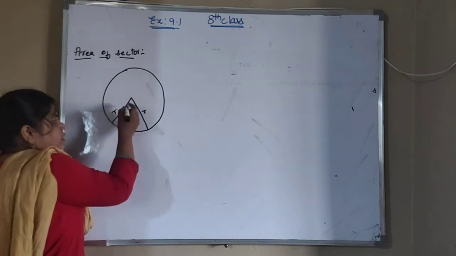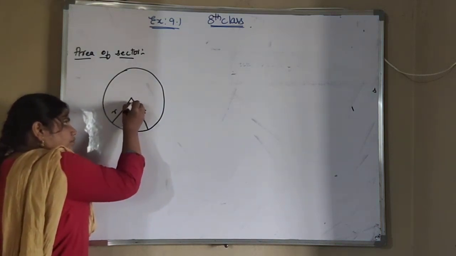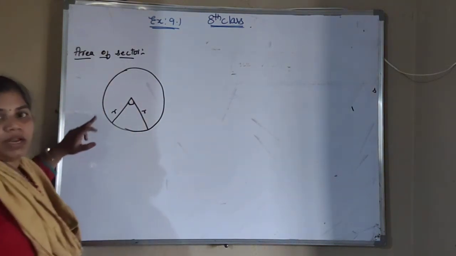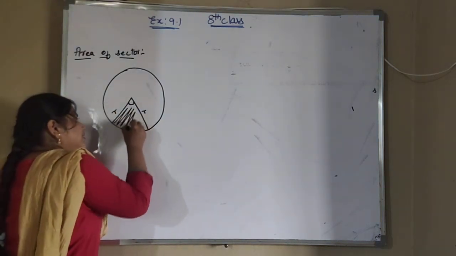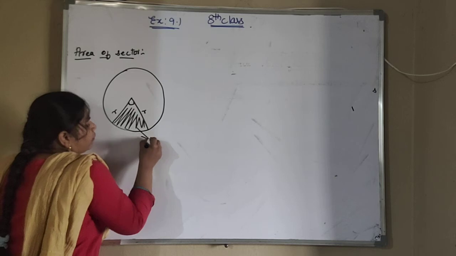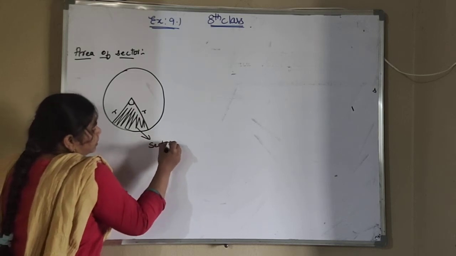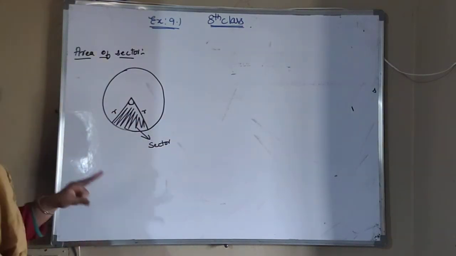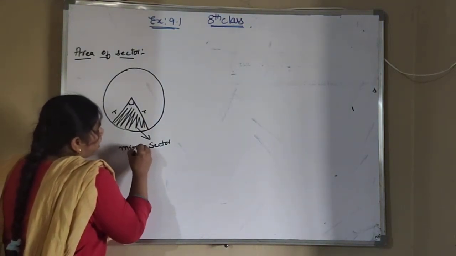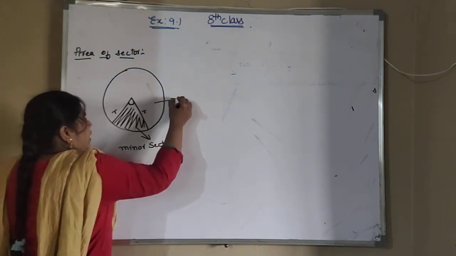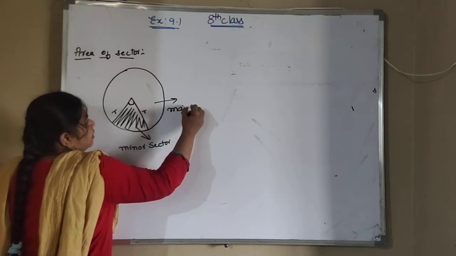For these two radii, one angle has been formed. This part we will call a sector. Again the sector is divided into two types: one is minor sector, the smaller sector, and the other is major sector.